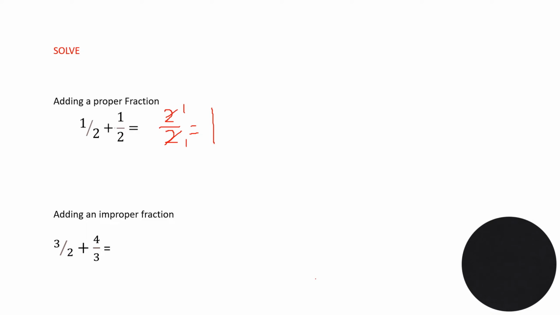Here you realize the denominator is different. So in this case, we're going to try to find a number that both can go into, which is 6 here. 2 can go into 6 and 3 can also go into 6 without leaving a remainder.